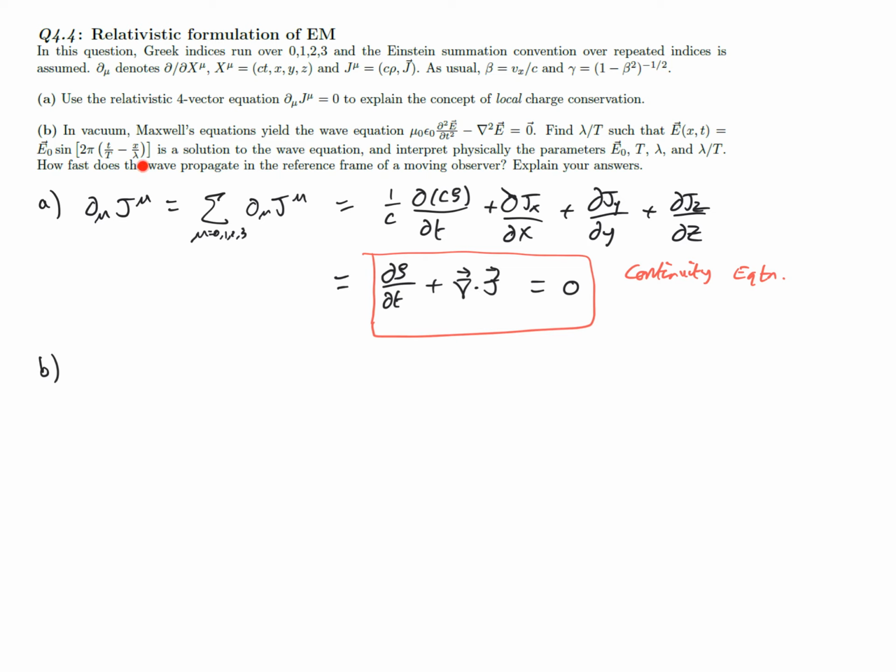This expression has in it lambda, and we're asked to find the ratio lambda over T such that this trial function is indeed the solution to the wave equation. This is extremely simple. We don't have to solve the wave equation, we just have to plug in this trial wave function and see what happens.